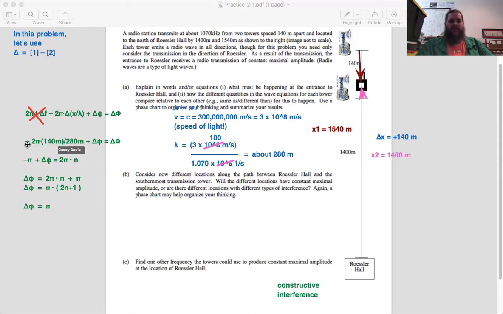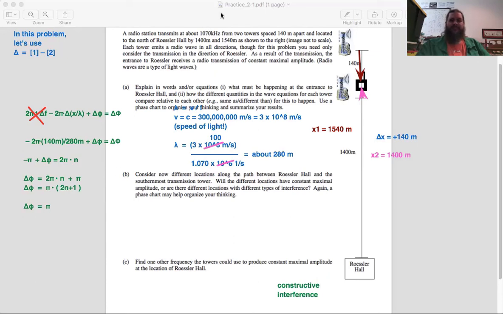So what I would do is set up the equation exactly the same, delta little phi of pi, a different delta capital phi of some other whole number of cycles, some other even multiple of pi, and then solve for wavelength. That'll tell you another wavelength that would still give you constructive interference. And then you could convert that to a frequency as well, using v equals lambda f.